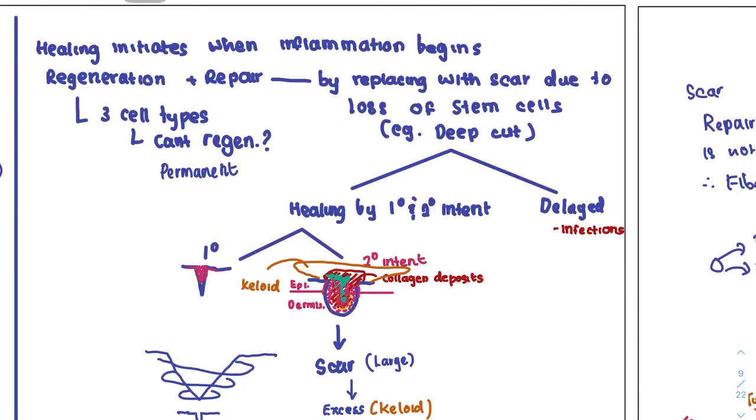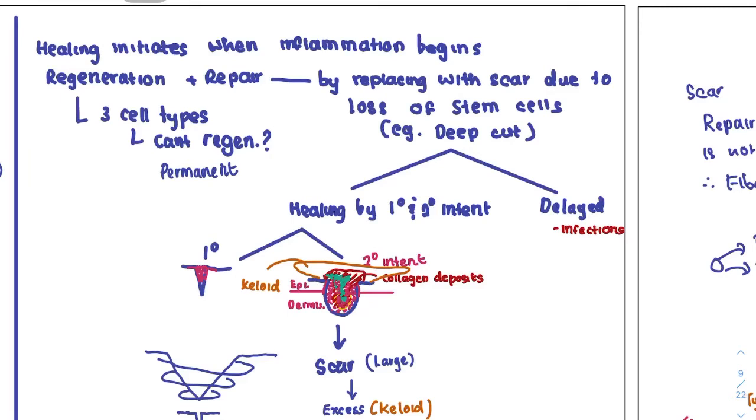The examples are nerves and muscle cells. Because they can't regenerate, they can only undergo repair, and if they cannot, they will die. So again, if a nerve is damaged, it can repair, but it cannot produce new nerves.